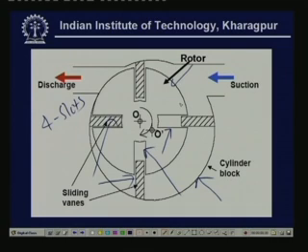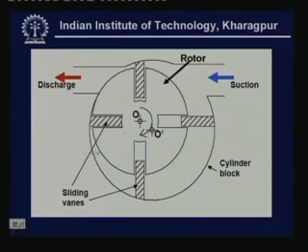One important thing to notice here is this is the axis of rotation, that is point O. The axis of rotation coincides with the center line of the rotor. That means the rotating shaft and the rotor are coincidental. But this center of the rotor is eccentric with respect to the center of the cylinder.